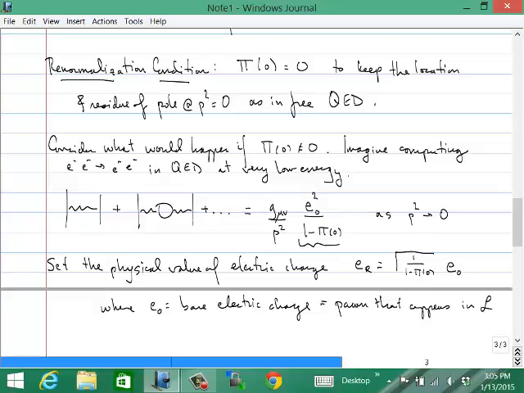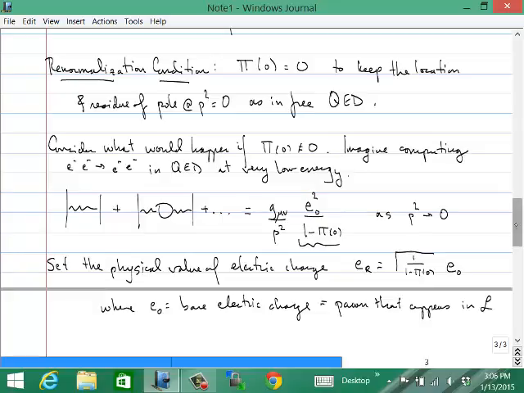Now, of course, at leading order, in the limit where the coupling constant E squared is very small, E renormalized is going to be very close to E naught. Let's just say that pi of 0 is going to be given by some expansion in E renormalized. And so if we can calculate pi, then we could calculate order by order the relationship between the bare electric charge appearing in the Lagrangian and the renormalized electric charge.